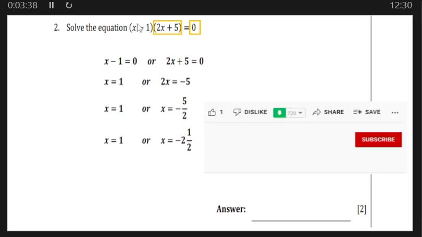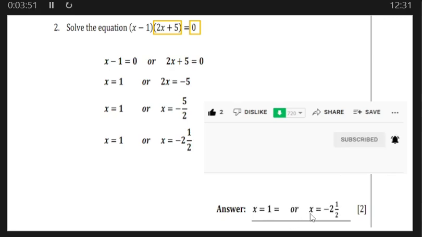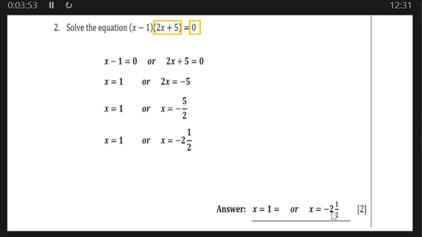So it means that in solving this equation, our answer is x is equal to 1, or x is equal to -2 1 over 2. All right, let's go to question number 3.